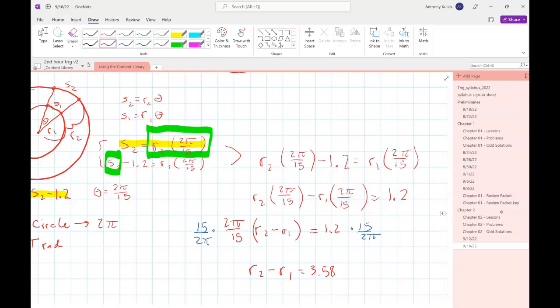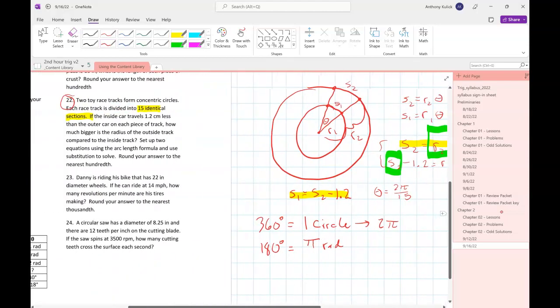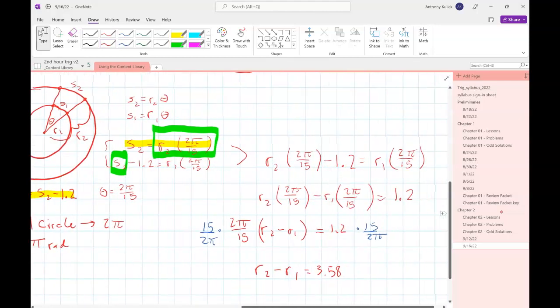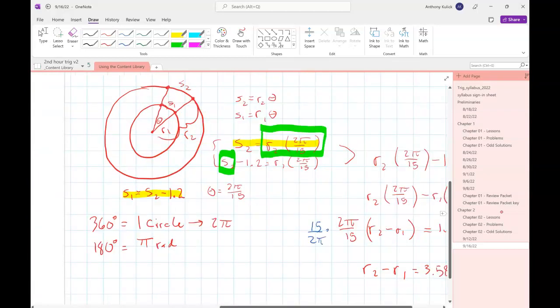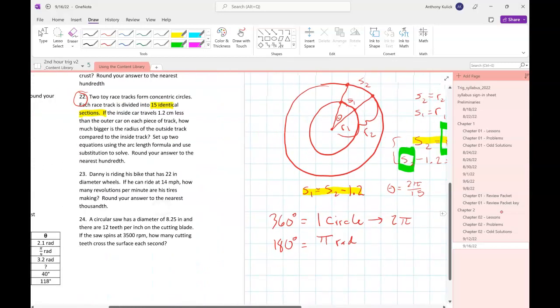Well, let's read it again. The thing that you should be suspicious about is that, like, Mr. Kulik, you still have two variables here, right? I have R2 and R1. But let's read the question again. It says, how much bigger is the radius of the outside track compared to the inside track?